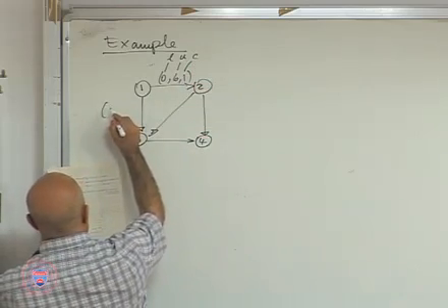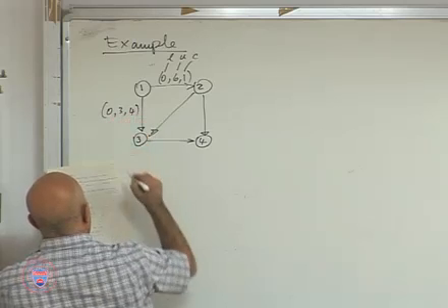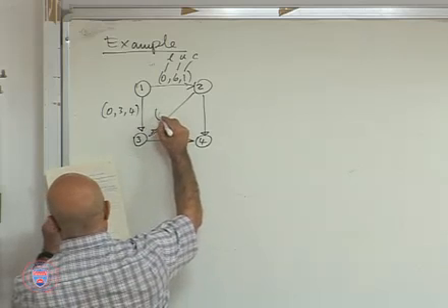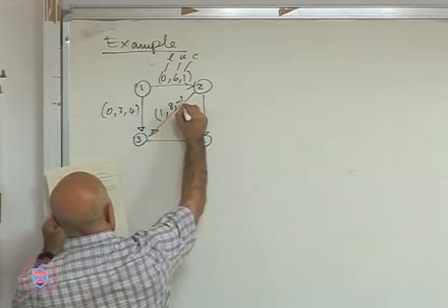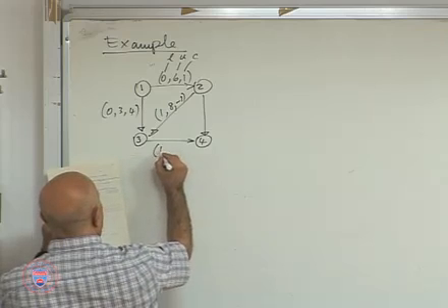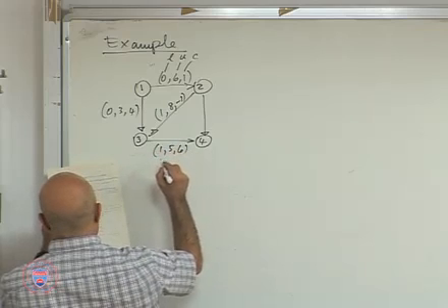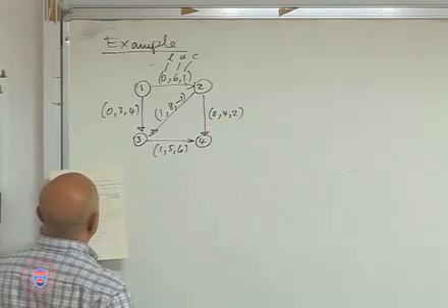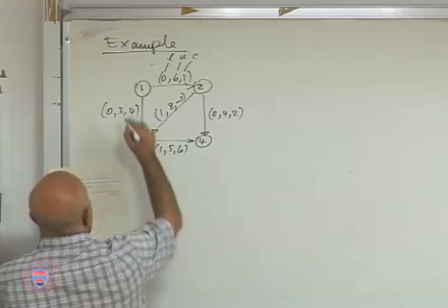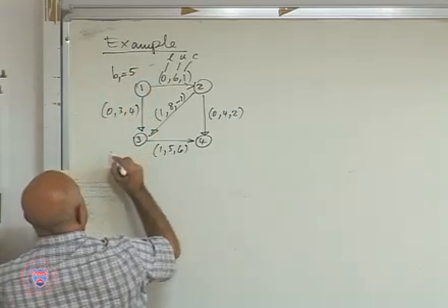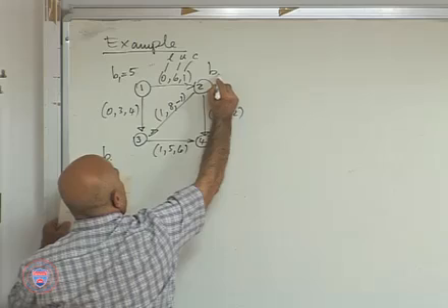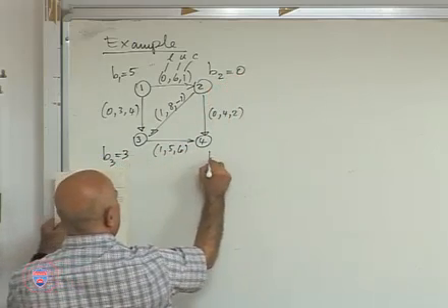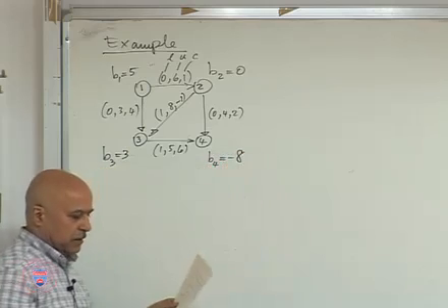This example is from the book, but used in a different way. Okay. B1 is 5. B2 is 0. B3 is 3. And B4 is minus 8. It's a balanced problem.